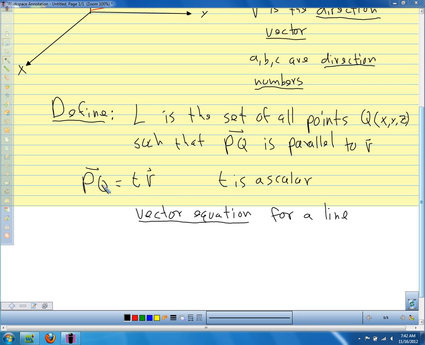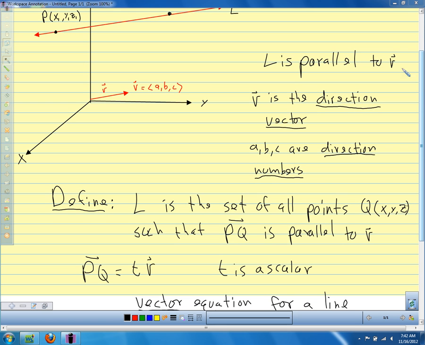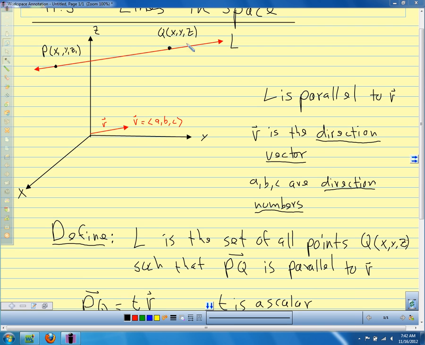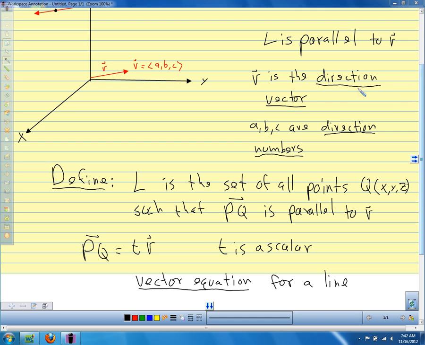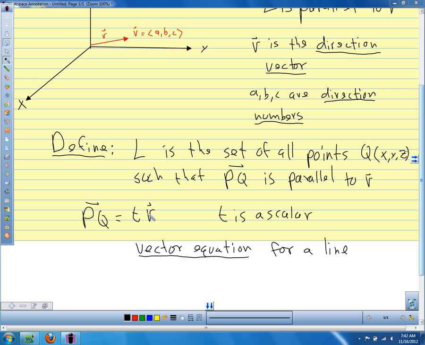Now we're going to work with this vector equation to come up with some other expressions for a line in space that are a little easier to work with. So I'm going to write this out in terms of the point P that we defined up here, and the point Q that we defined up here. And we're going to work with those points and come up with a more useful expression. So let's look at that.